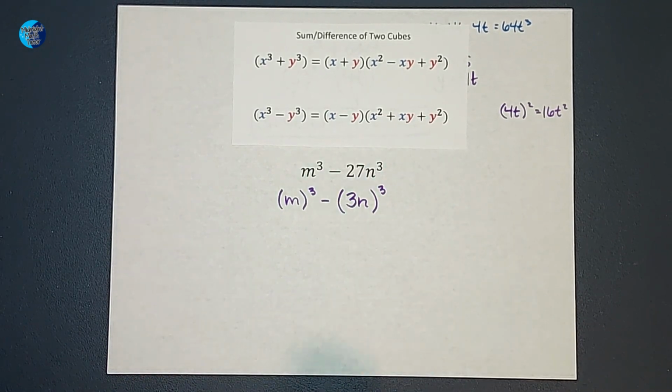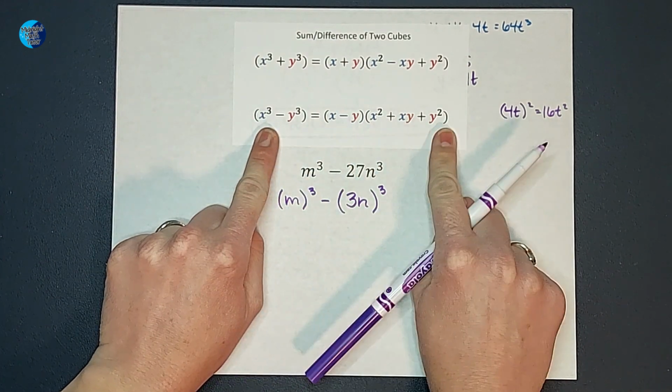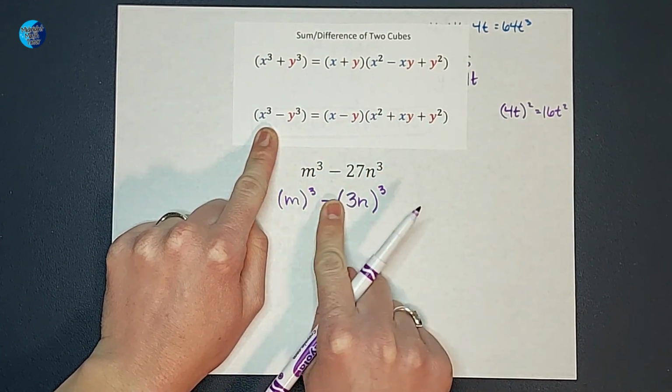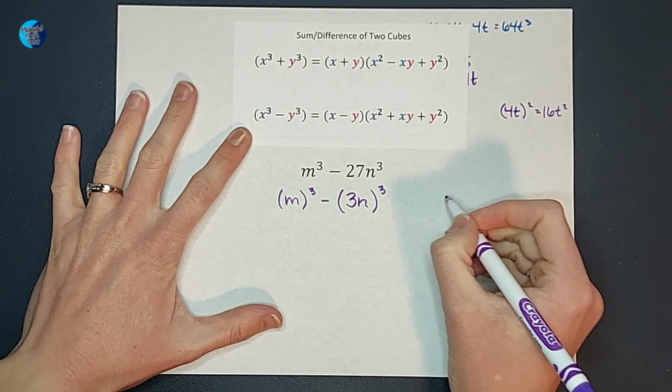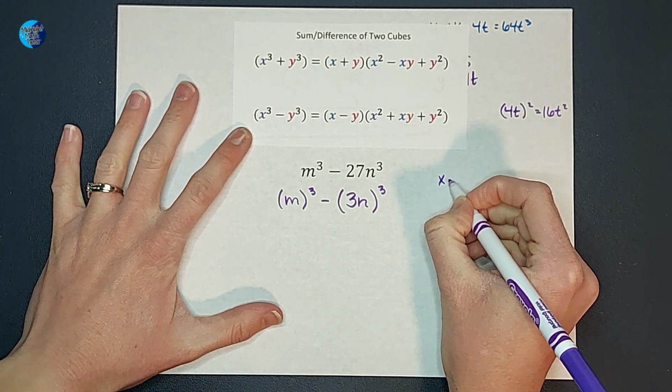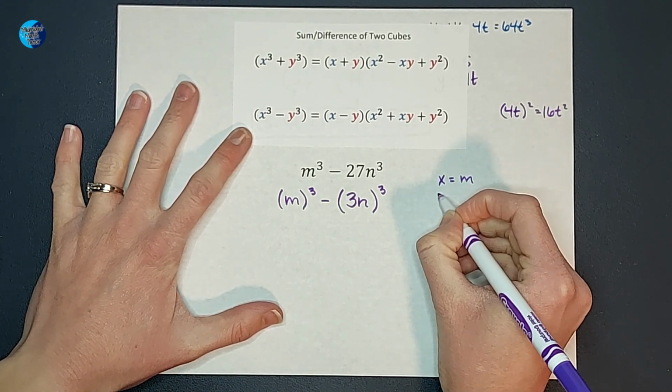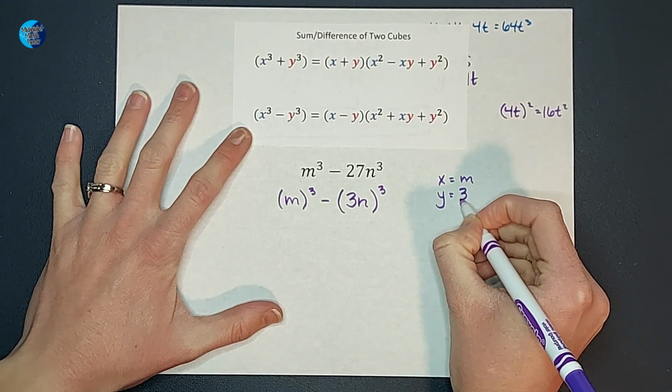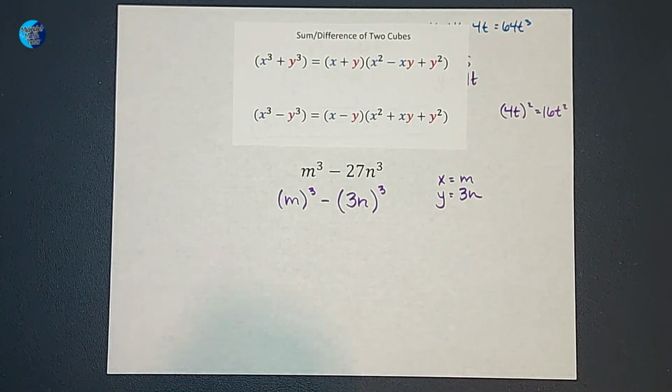Yes. All right. Now we're going to use the difference because we're subtracting. So again, we have that x equals m and y equals 3n. All right, let's plug this in.